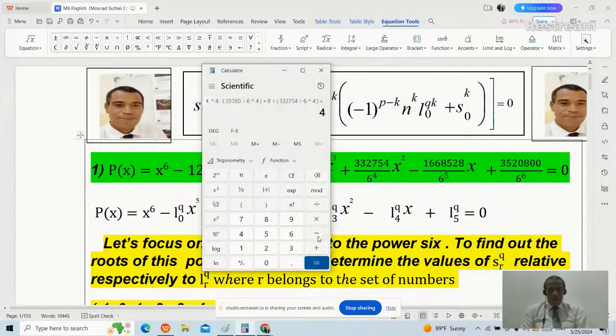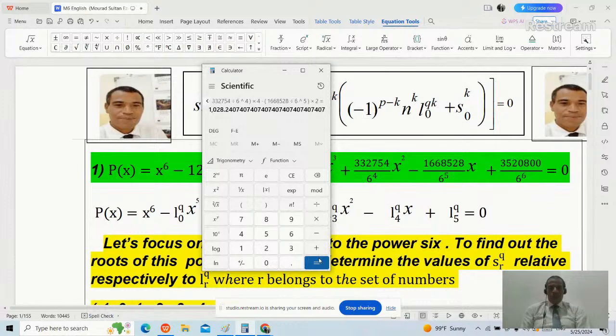Then minus, between parentheses, 1,686,528 divided by 6 raised to the power 5, close this parenthesis, times 2.